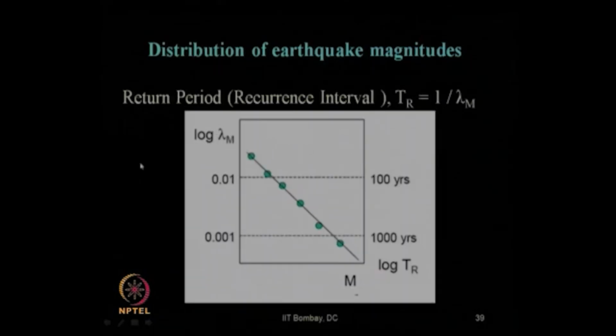Now, the next definition is return period. It is also called recurrence interval, that is, in what interval that magnitude or more will occur. So, how can we find it out? That return period or recurrence interval T r is nothing but the inverse of the mean annual rate of exceedance, isn't it?